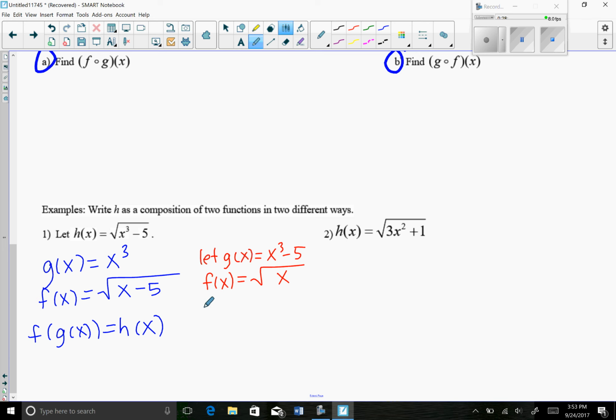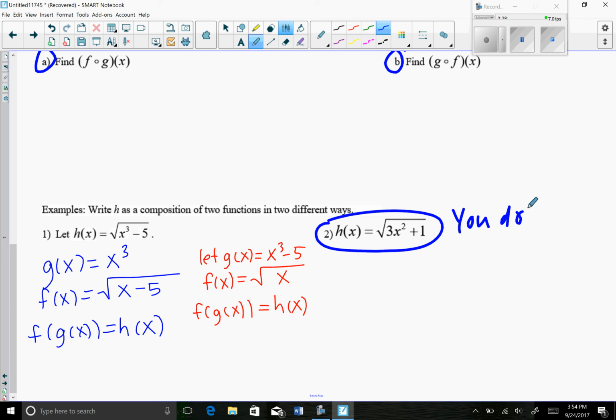So then I would have to write that I'm doing, in this problem, f of g of x is equal to h of x. And that would be two different ways to write this function. And then you guys could practice this one on your own. And that's it. So we'll go ahead and take a look at this more in class.